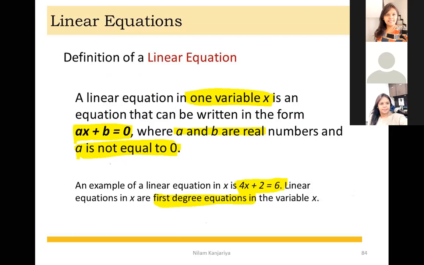First of all, how could they ask the linear equation? This is the symbol and this is the definition of the linear equation. A linear equation in one variable has only one unknown number and it is very easy to find.